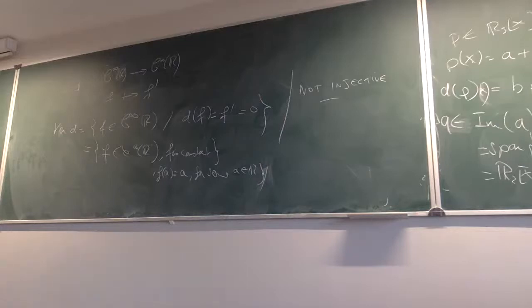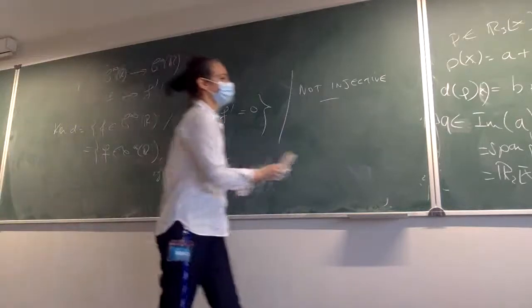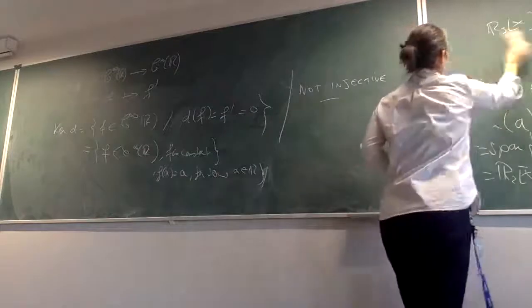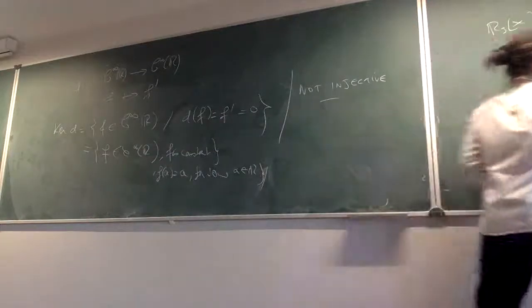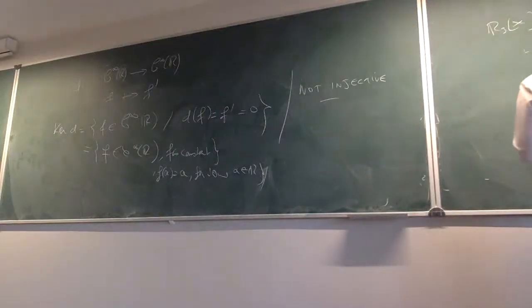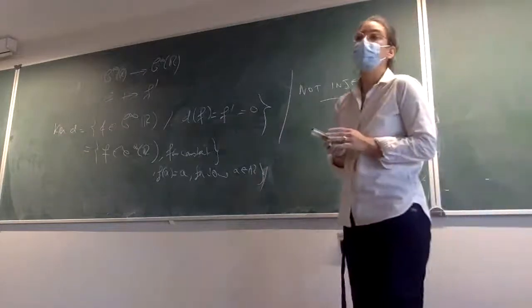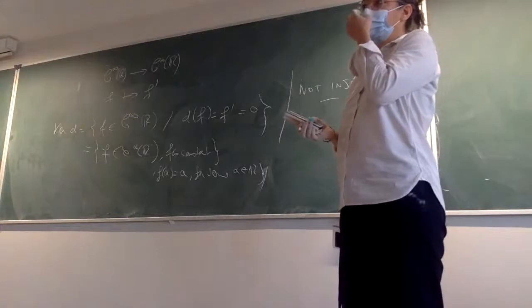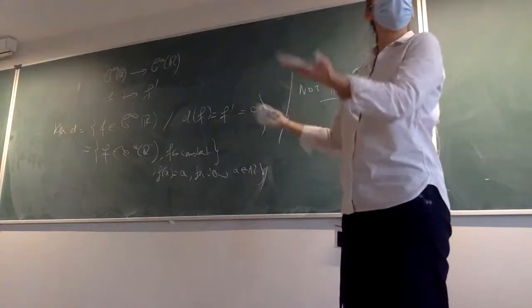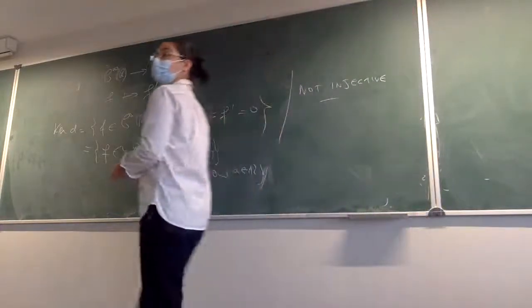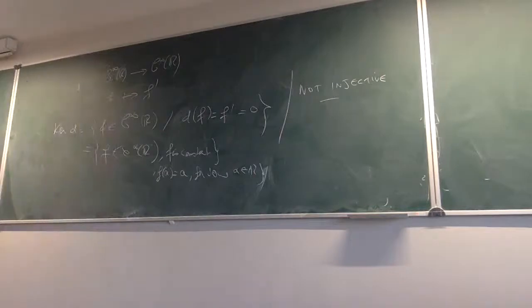We're going to work on the image. What would be the image of this map? I know it's included in the C infinity functions. Do you think that it's going to be surjective?